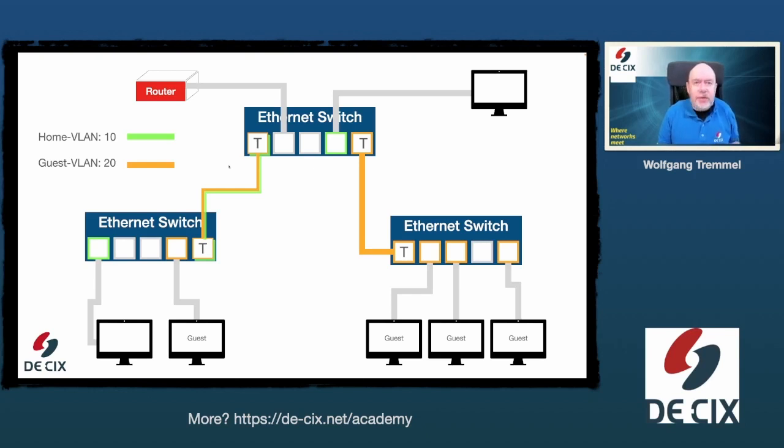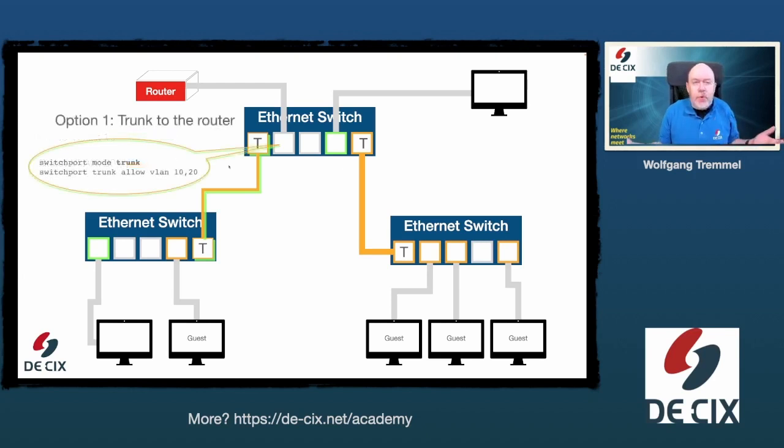The next thing we need to configure is our router. There are two ways to do that. If you have, let's say, a sophisticated router, the router also can operate on a trunk. Basically, you are tagging all the frames, and the router itself takes them apart again, reads the tag, and can operate on that. So that's the first option. We have a trunk to the router.